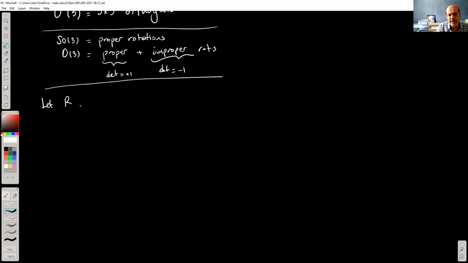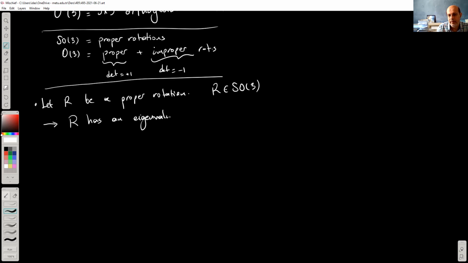So let's say it like this. Let R be a proper rotation. R is an element of SO3. It's a rotation. In that case, I'm going to show that the matrix R has a +1 eigenvalue.